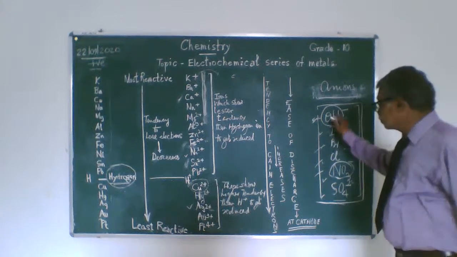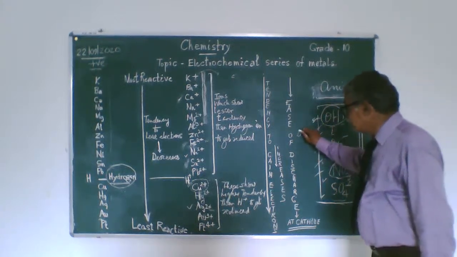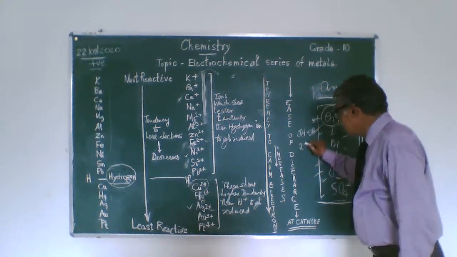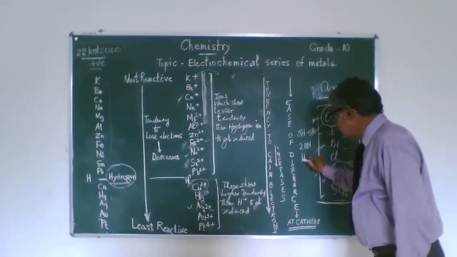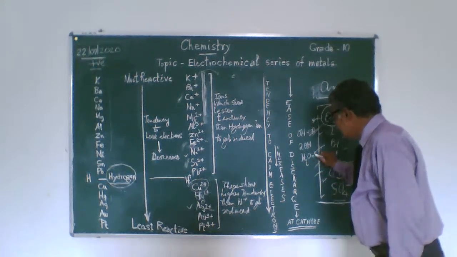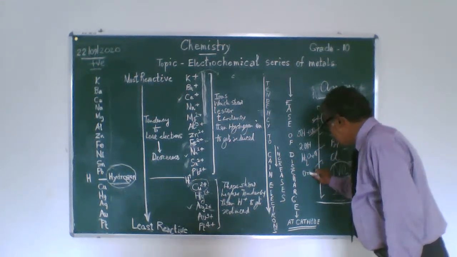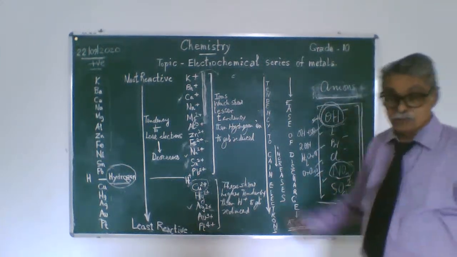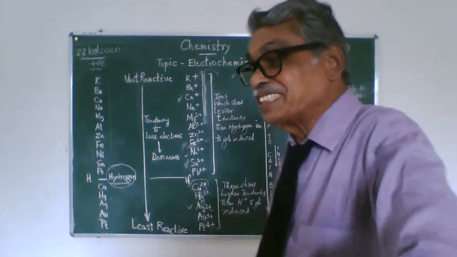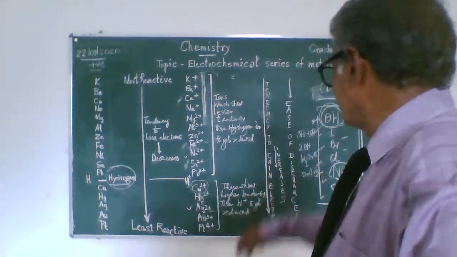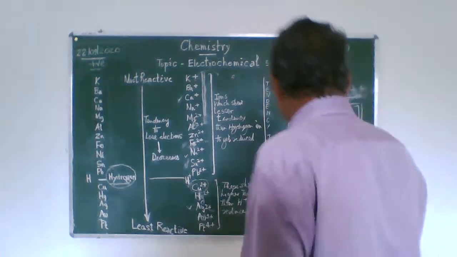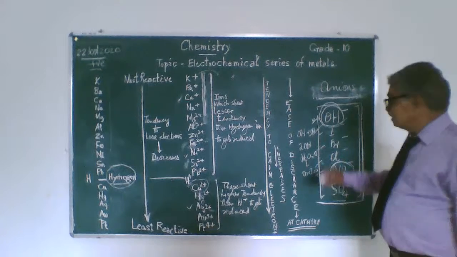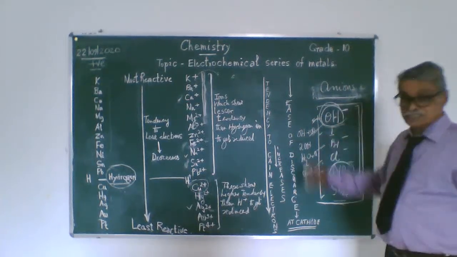If it goes to the anode, normally it combines with one more OH, becoming two OH, and two OH become H2O plus oxygen, O2. So what comes out of the anode will be oxygen. You can judge it straight. Oxygen will come out of the anode first. Nitrate may be there too, but it will not come out first.